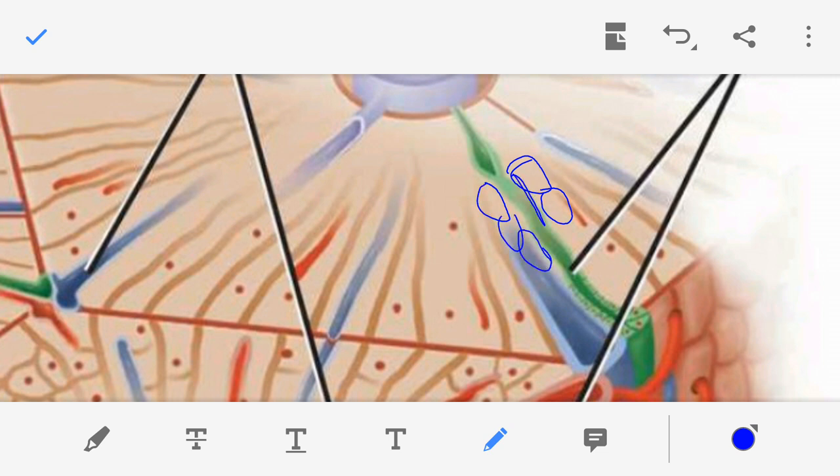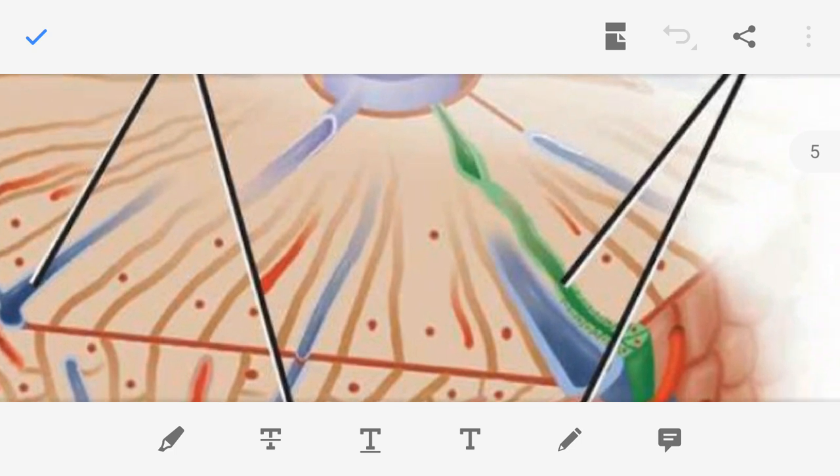So this space is the groove, and in the groove this green colored duct is shown. This green colored duct is the bile canaliculus.